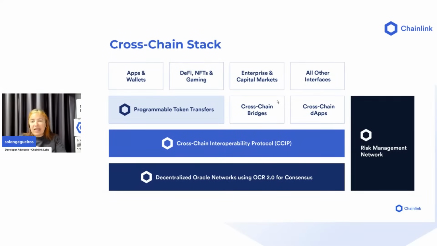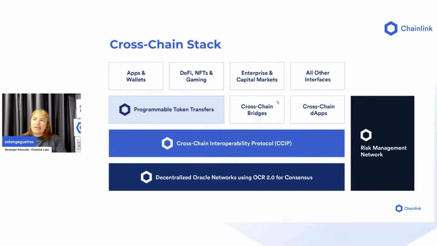So imagine with everything that I told you until now, we can have this kind of cross-chain stack. Imagine that you can build a cross-chain wallet or cross-chain application. We can have cross-chain now happening in DeFi, in NFTs, in games. By the way, cross-chain is so important to the enterprise and capital markets.